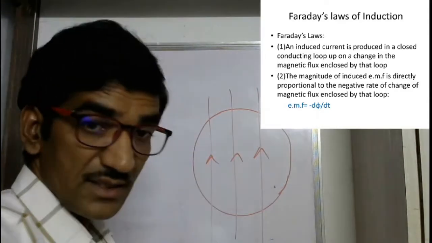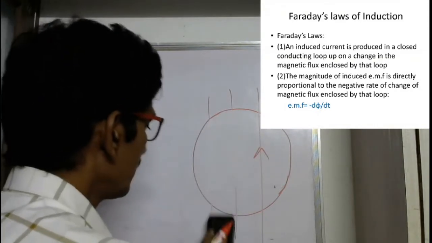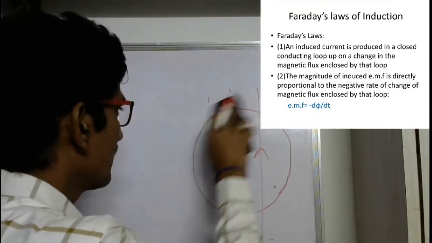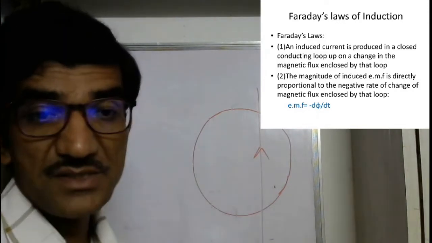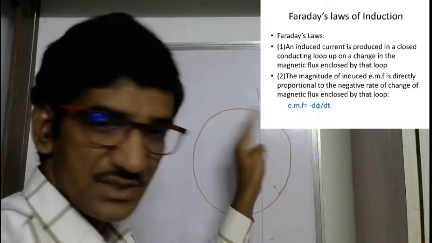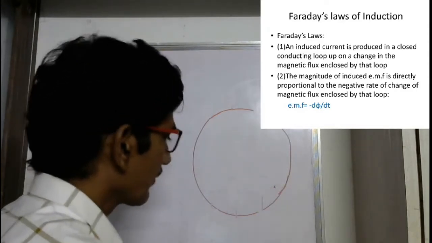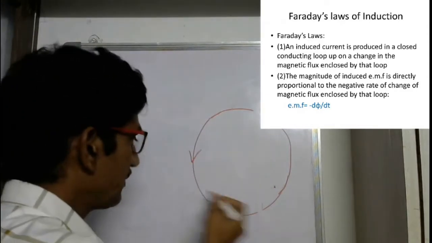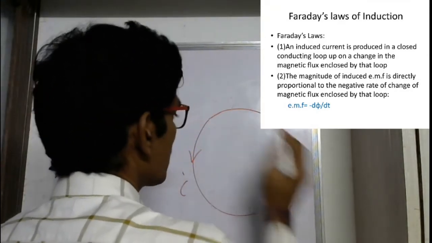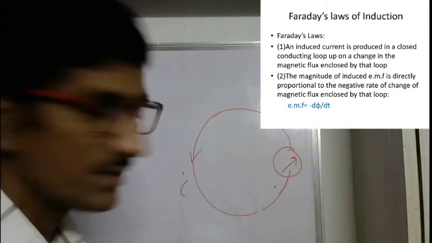Whenever there is a change in this magnetic flux, say the number of field lines changing from 3 to 1, there is a change in the flux enclosed by this conducting loop. Then immediately you observe some induced EMF, induced current inside this coil. If you place an ammeter here, then you have a non-zero value for the current in this ammeter.